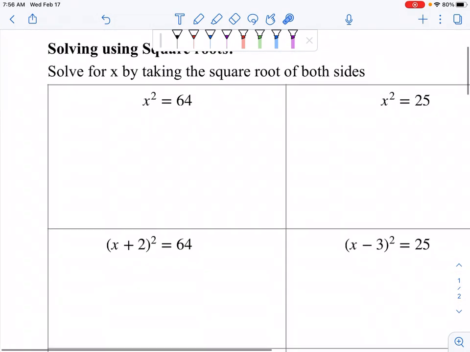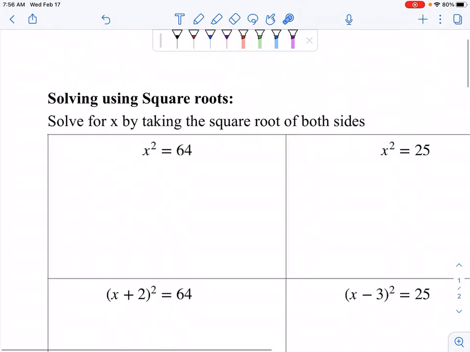We're going to use that information to solve these. I'm just going to jump into some example problems here, and you'll get to see how this works. We have x squared equals 64. I've given us some very simple ones early on. We take the square root of both sides. A square root undoes a squared, so now it's just x by itself.